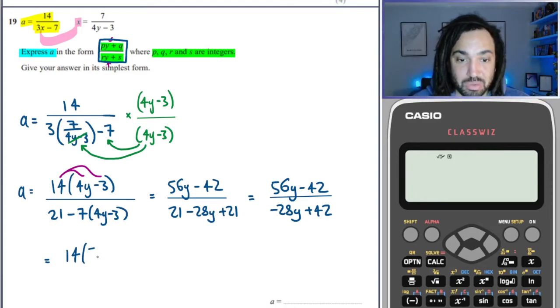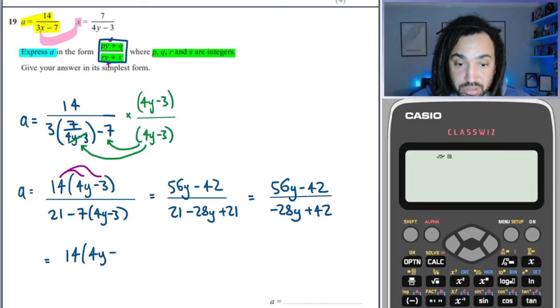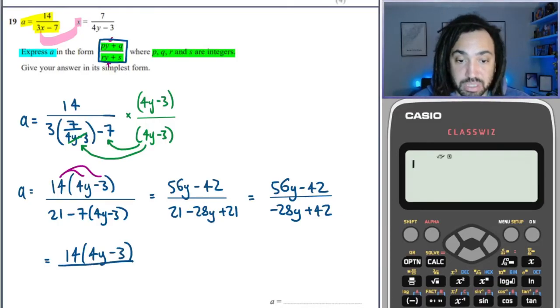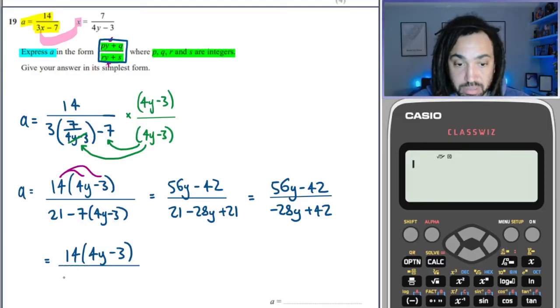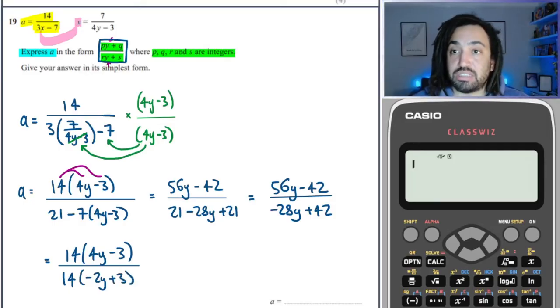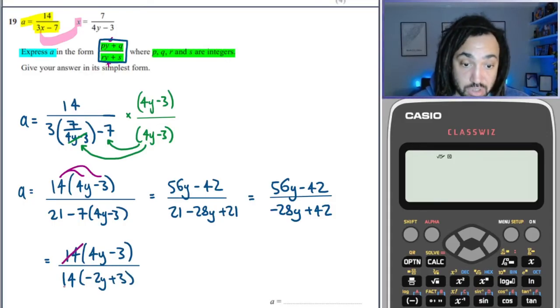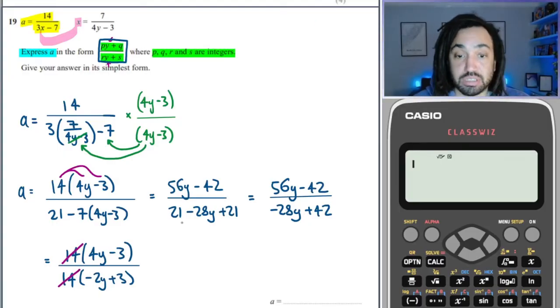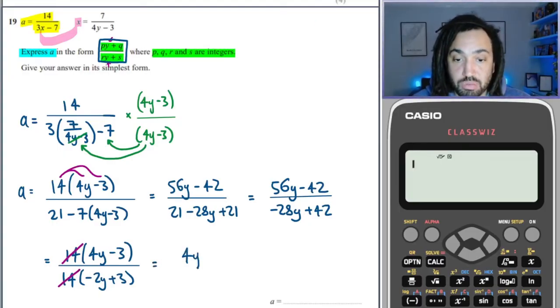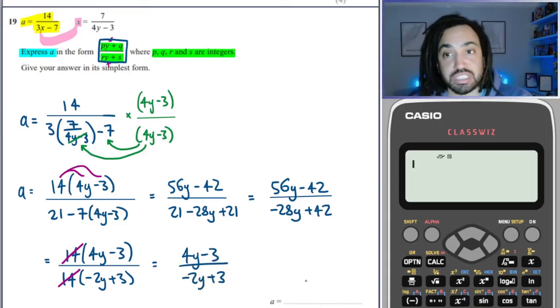This might be going the long way around, but we can divide everything through by 14. I'm just going to show you why that's possible, because we can take out a factor of 14 on the top, and on the bottom as well. And if you have a factor on top and bottom, you can cancel them out. So this is 4y minus 3 over minus 2y plus 3, and that is exactly the form that they want it in.